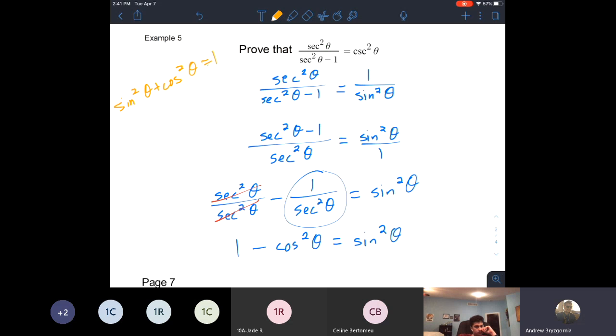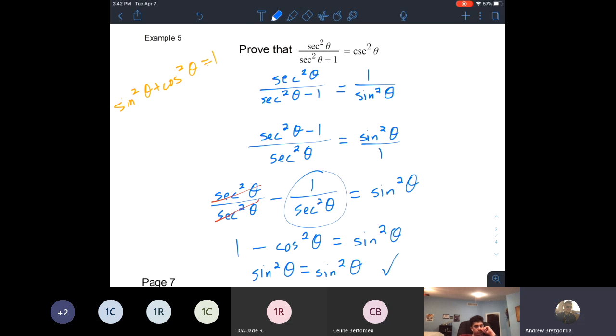But if we happen to subtract cosine squared over, it turns into this down here at the bottom. So this is just the Pythagorean identity. And it turns out that both sides are equal to sine squared. So we have now proven that what we started with at the beginning had to be equal.